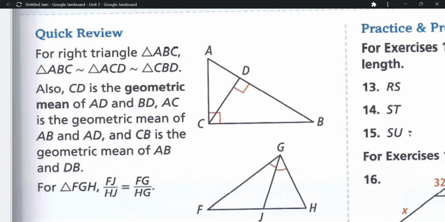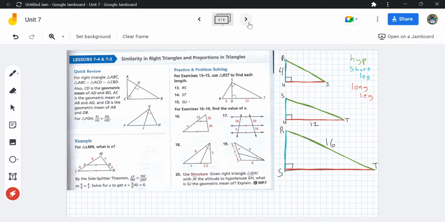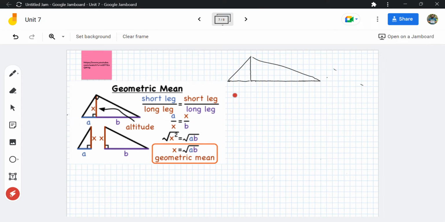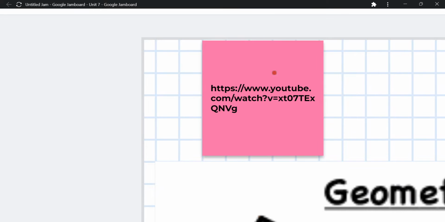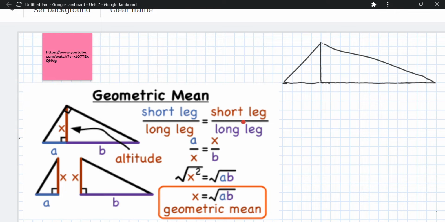Meaning that it means a couple things. If you want a nice lecture, I don't want to get too deep into it right now, but if you want a nice video to go over geometric mean, I'm going to go over this in class right here. So here's your geometric mean.